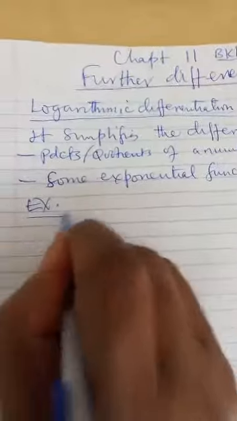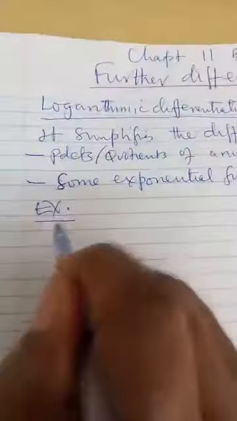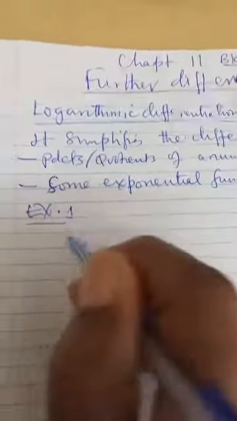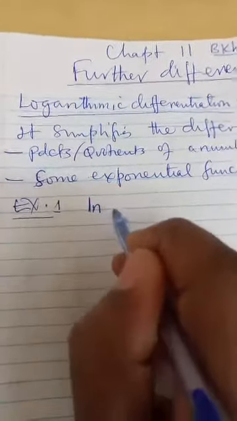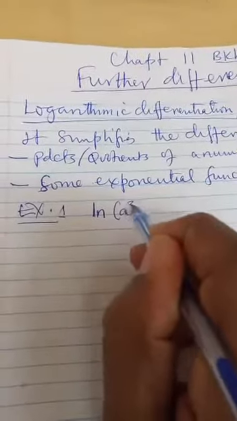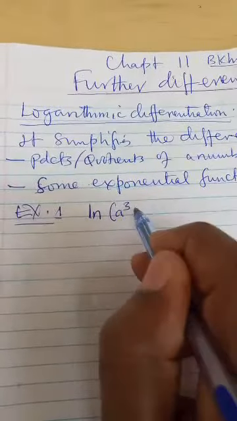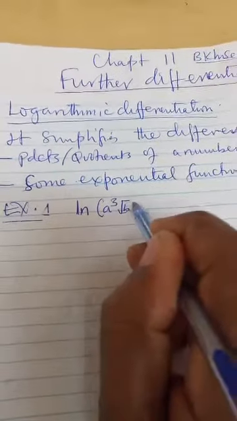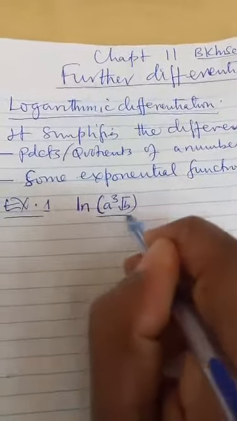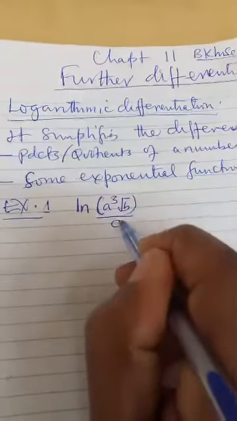For example, if we have a question that says the ln of a cubed times the square root of b all over c squared.